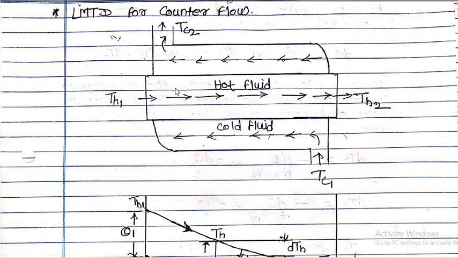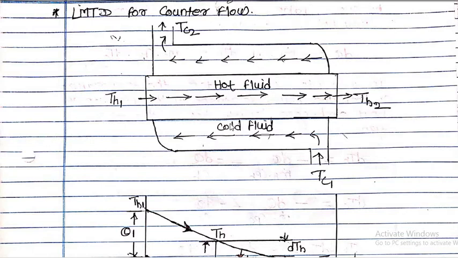For that purpose, here we have considered the counter flow arrangement heat exchanger. To understand this particular counter flow heat exchanger, we have considered the tube in tube heat exchanger, or the concentric tube heat exchanger. One large tube is there, and in that large tube we have placed one small tube.